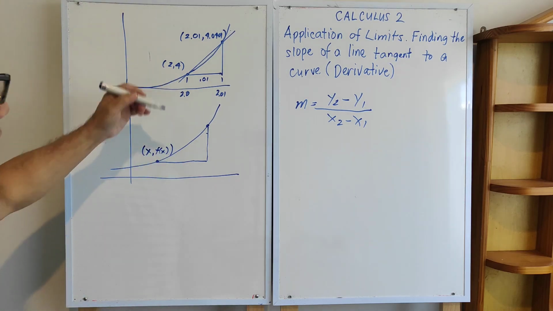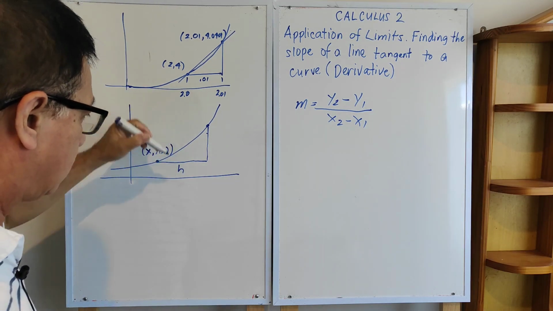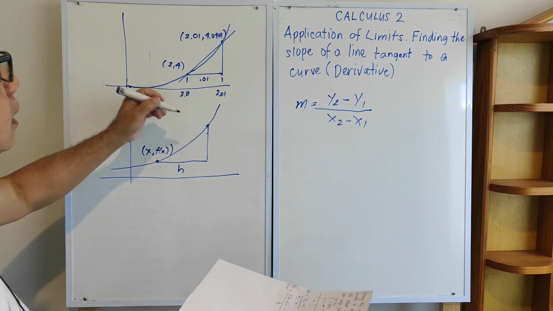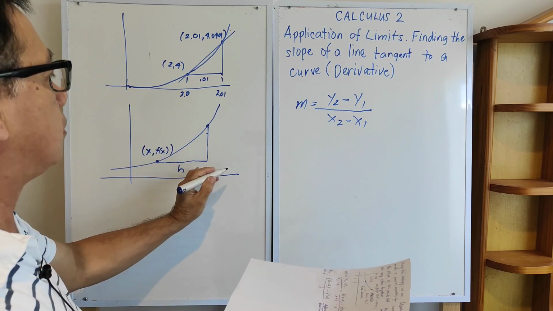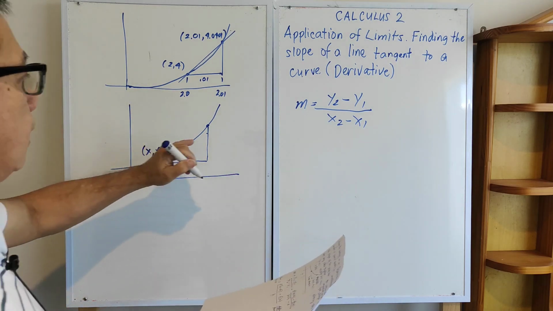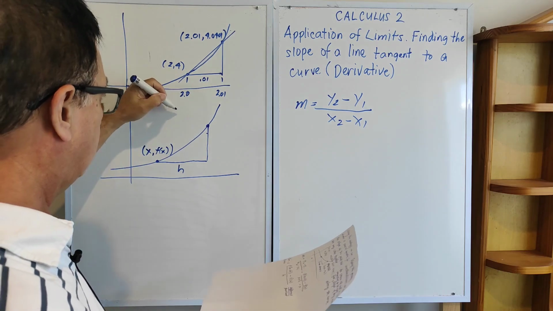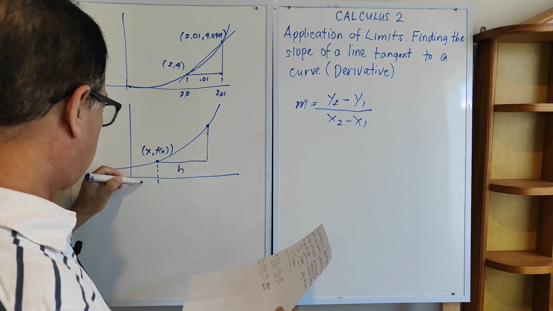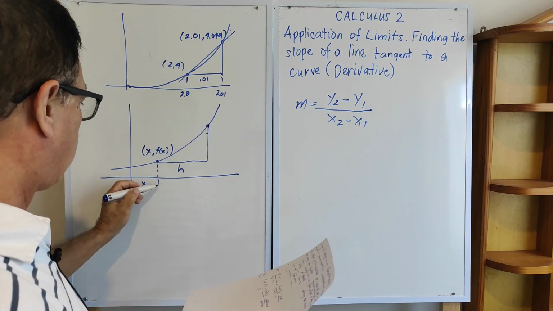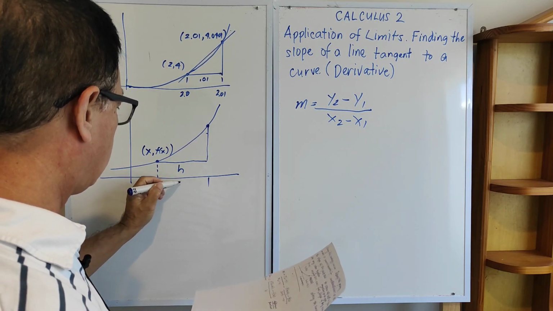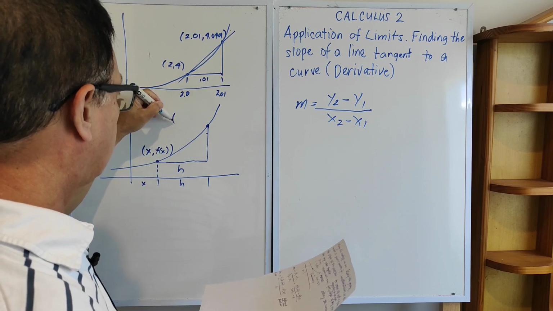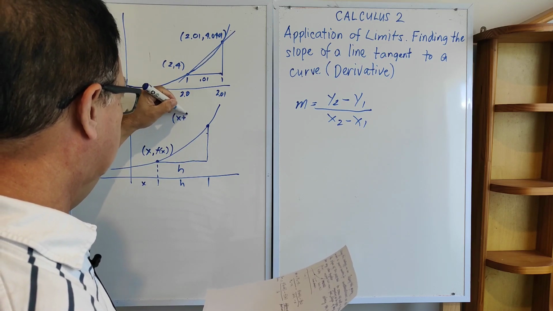So let's assign a letter, let's say h. That h is very, very small, microscopic, let's say 0.00001 small. Because from here to here is x, and from here to here is h, your point here is x plus h.